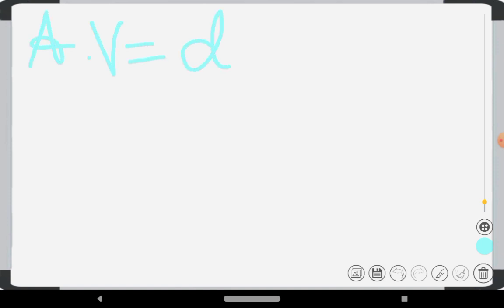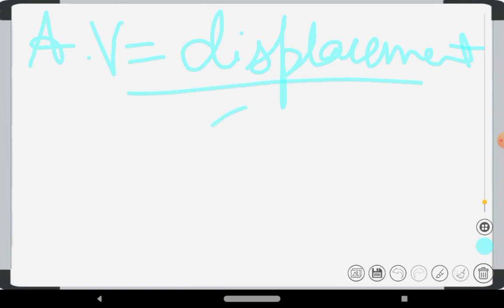The formula is displacement upon time, but this is for velocity only.